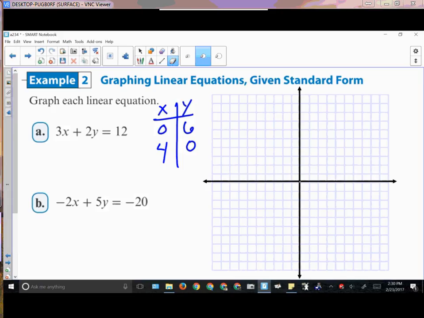X is 0, y is 6: 1, 2, 3, 4, 5, 6. And x is 4: 1, 2, 3, 4. So now I have all the information I need, and there's my line. Easy enough.